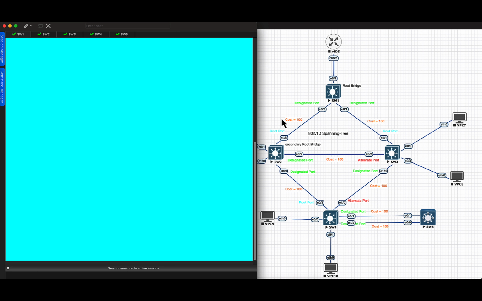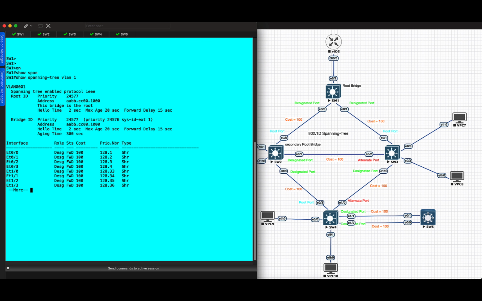Let's go through the configurations and look at the CLI output to see why a switch decided to select the port role for its interfaces. Okay, so on switch 1, we do show spanning-tree VLAN 1. So switch 1 is the root bridge, and the reason is that it has the lowest priority bridge ID.